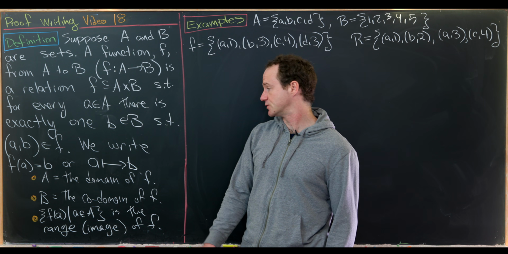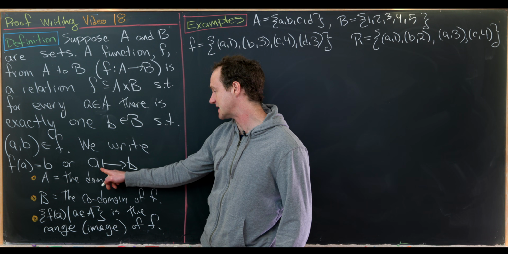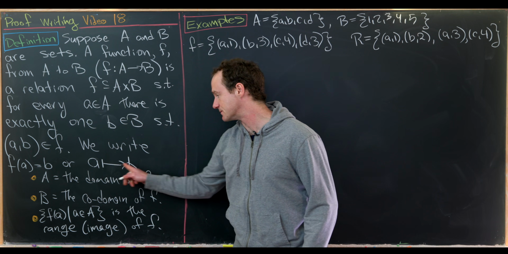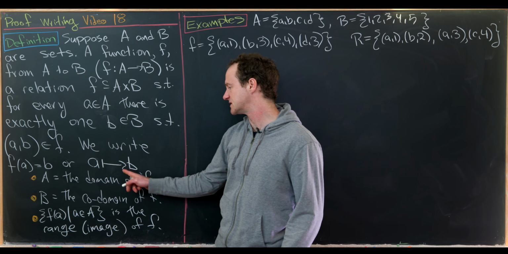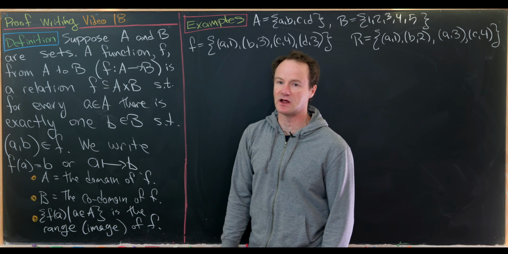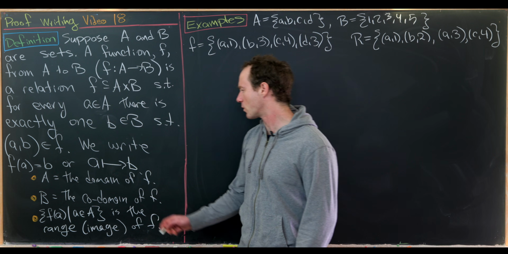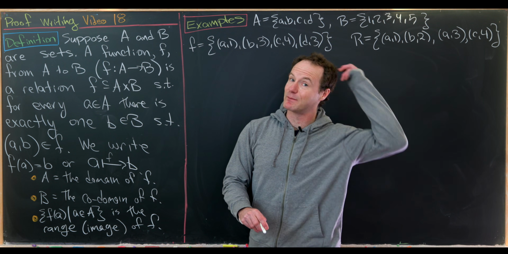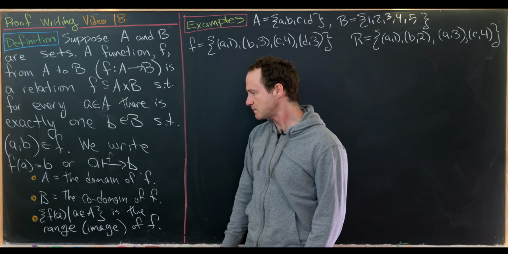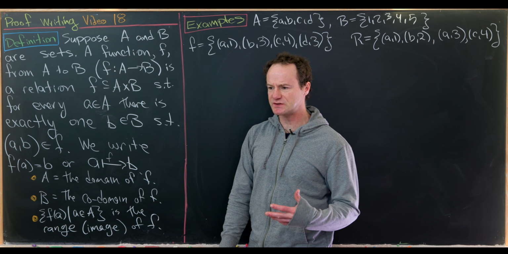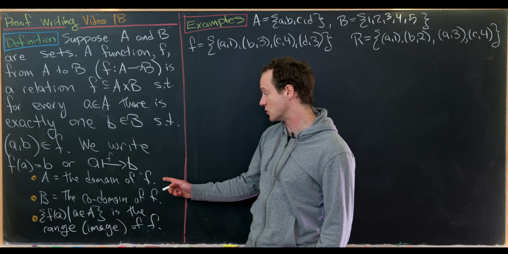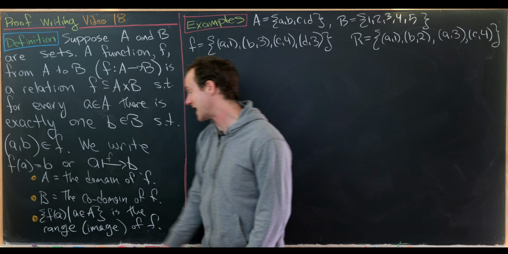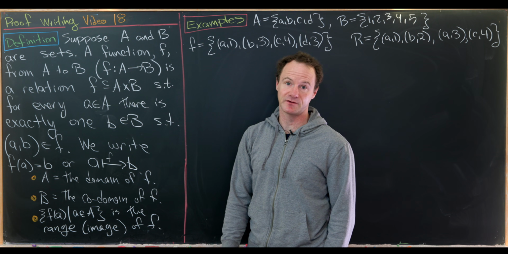But another notation we could use is a gets sent to b, or a is mapped to b. Notice it's this arrow with this little vertical line here. And if we're working with more than one function, we might put a little f over this to say that the mapping is done via f. Now there are things associated to functions like the domain, and so the set A is known as the domain of f.